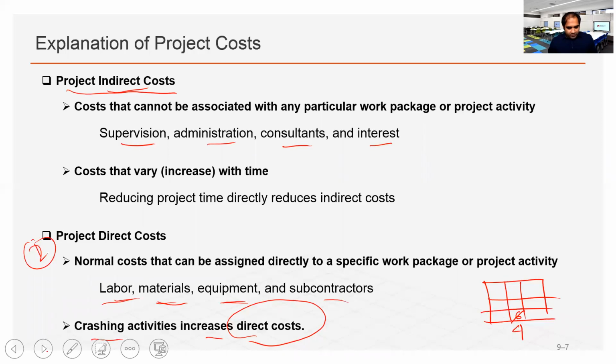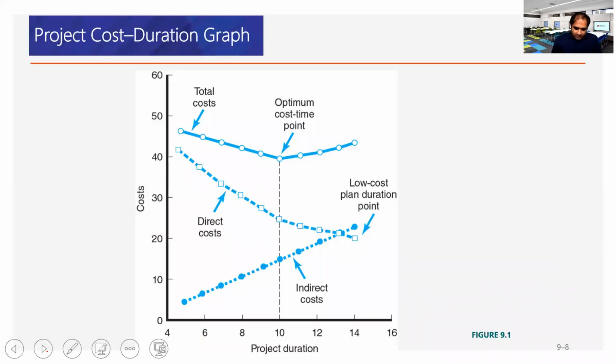In the next graph, you can see that this is the indirect cost. We have the project duration on the x-axis and cost on the y-axis. So if a project has a duration of 6 days, this is the indirect cost. So again, I repeat, what are the indirect costs?